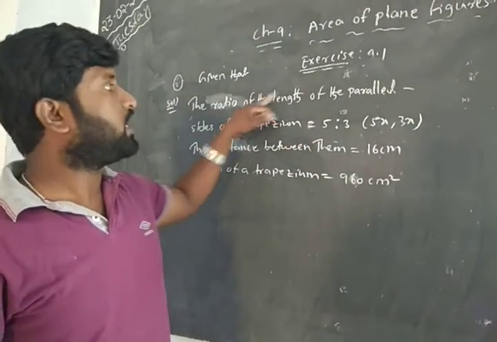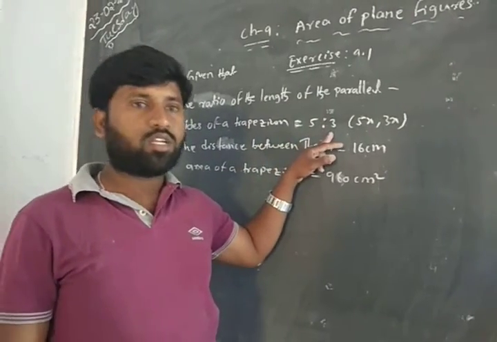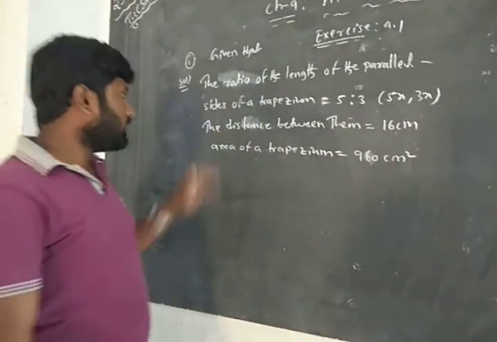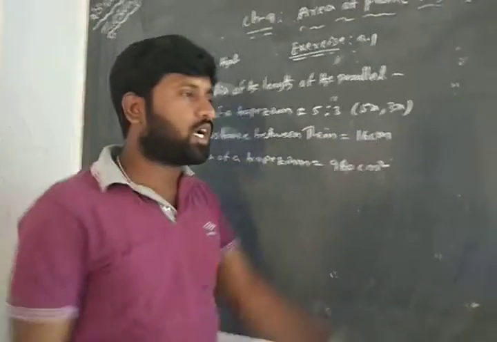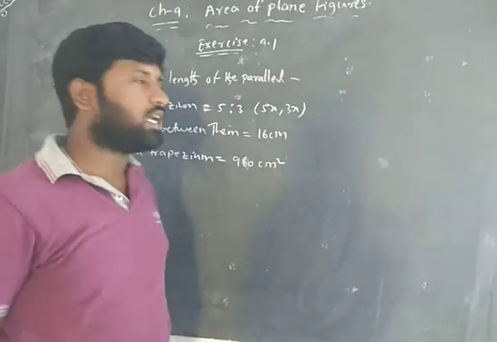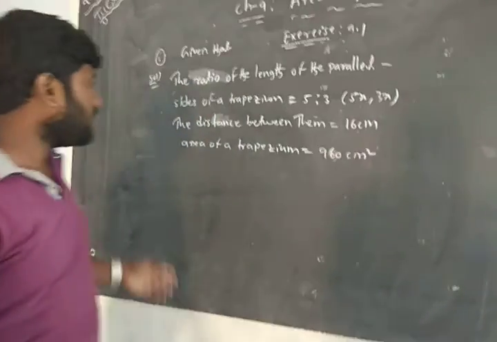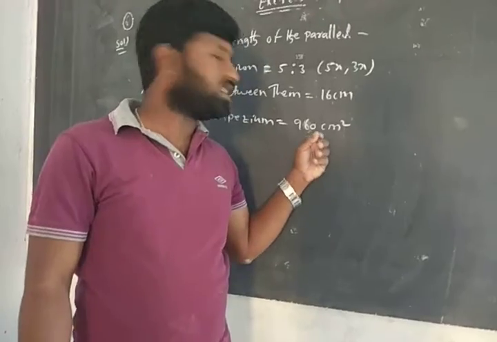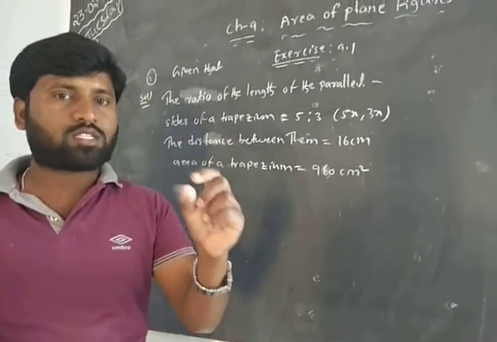So I take it as 5x, 3x. Now the distance between them is 16 centimeter. The distance between the two parallel sides is called the height of a trapezium, that is 16 centimeters. And the area of the trapezium is 960 square centimeters. Then find the lengths of the parallel sides.